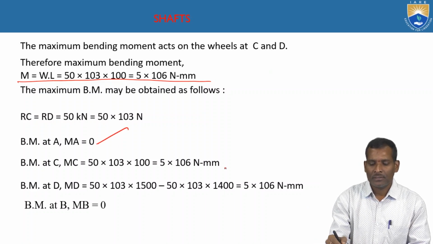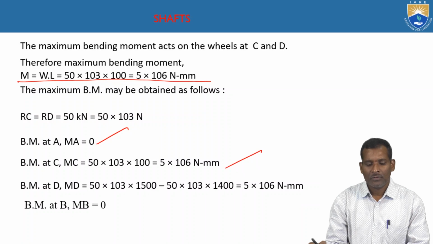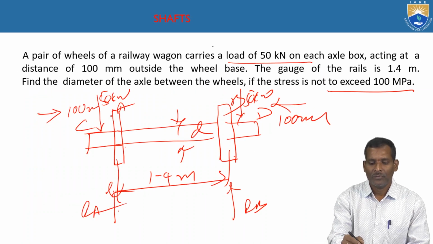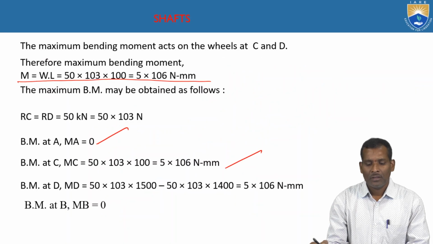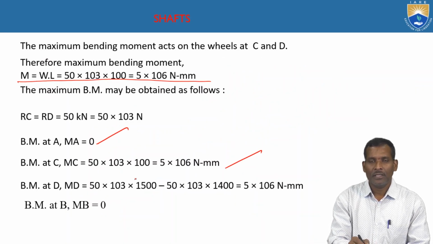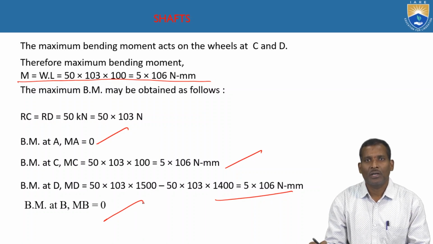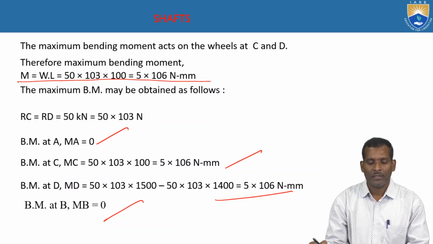Bending moment at C is 50 multiplied with 10³ into 100, so the bending moment at C is 5 into 10⁶ Nmm. Similarly the bending moment at B is 0. These two are fixed ends, so there is no bending moment at A and B.